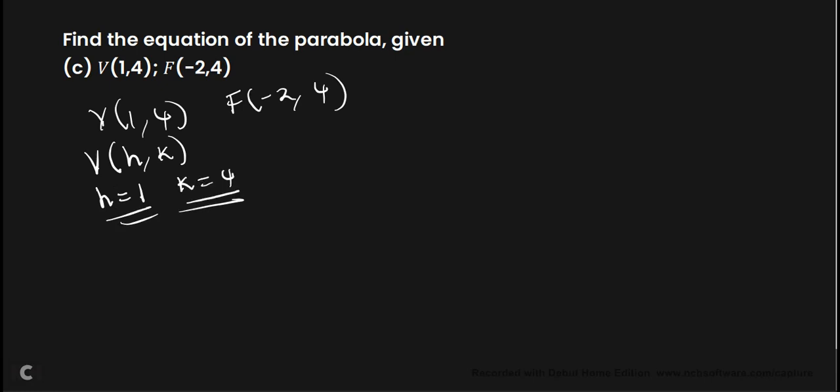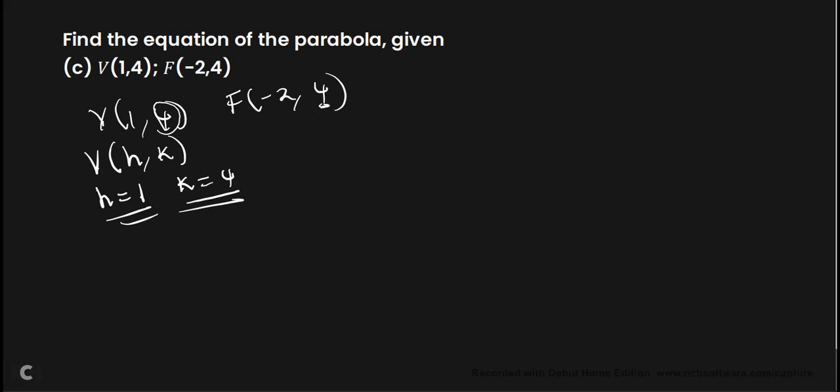You check out the vertex and the focus. When you check out these two, you find that the one which is common, it is in the y-axis, which is 4. 4 is common, which is in the y-axis, right?